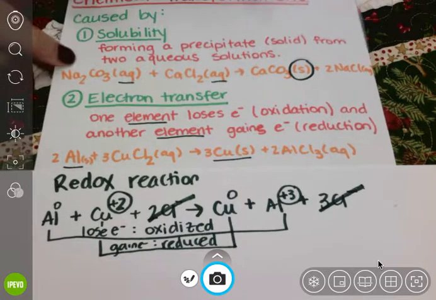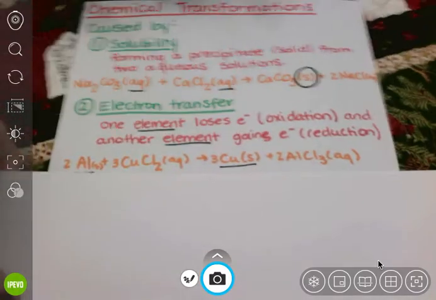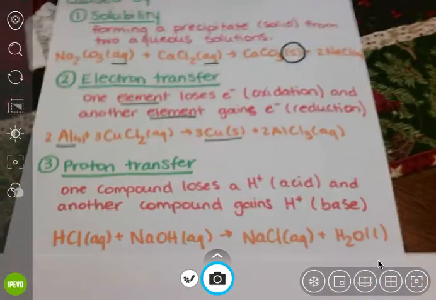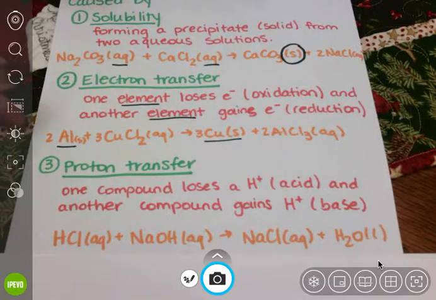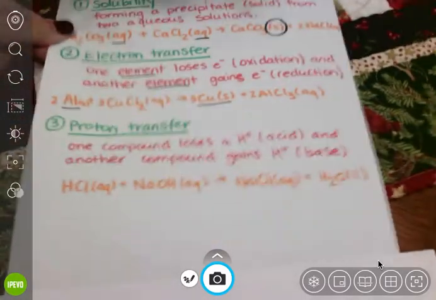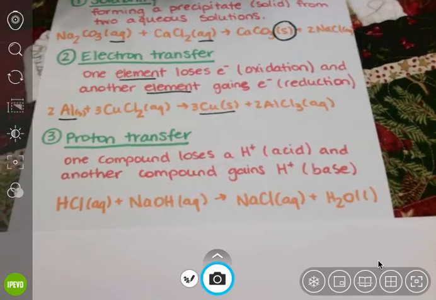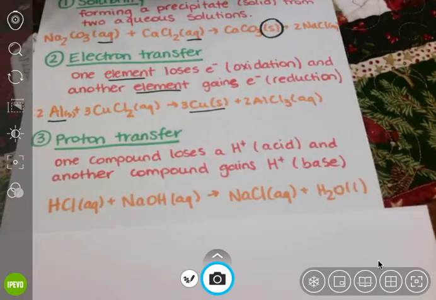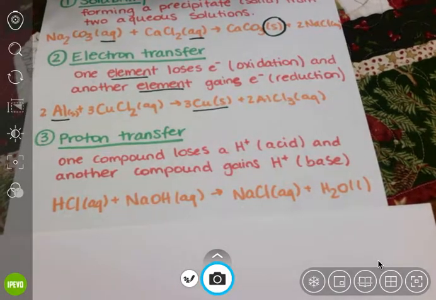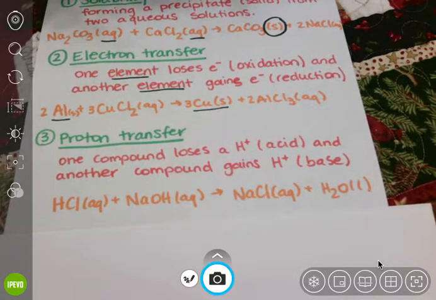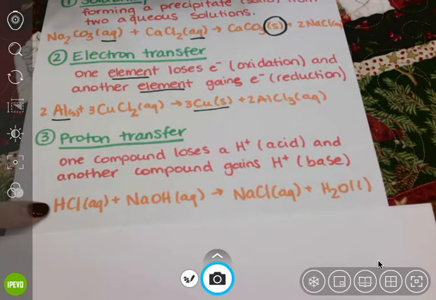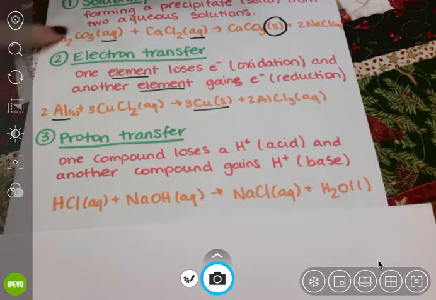Then our last type is our acid-base reactions. In an acid-base reaction, we have a proton transfer. So when a proton gets transferred, one compound loses an H ion, a hydrogen ion. That's called the acid. It's our proton donor. And another compound gains that hydrogen. So it's a base. It's still going to look like a double replacement reaction, just like precipitation.